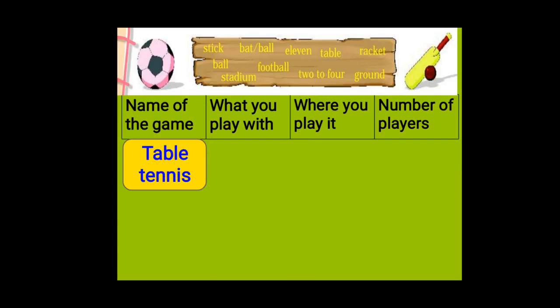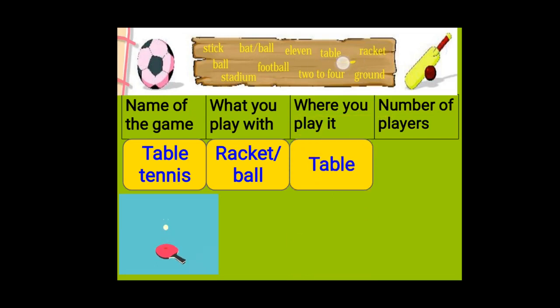Next game is table tennis. What you play with? What are the things with which you play it? It is racket and ball. You have a small ball in tennis and the racket is also very small. This is how the table tennis racket looks like. Next, where you play it? You play it on a table.